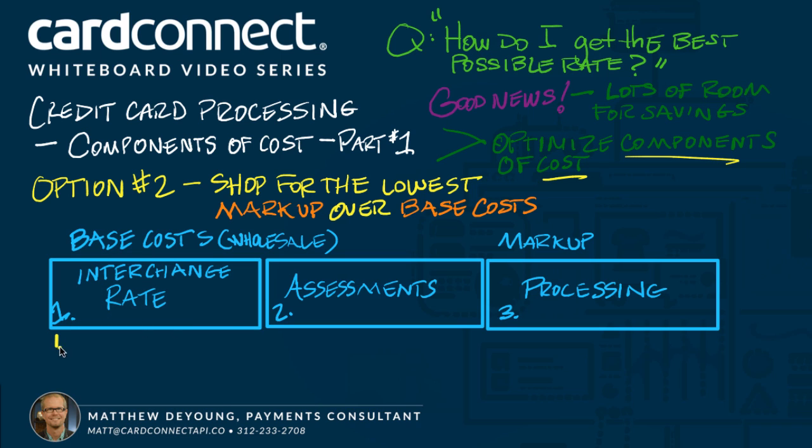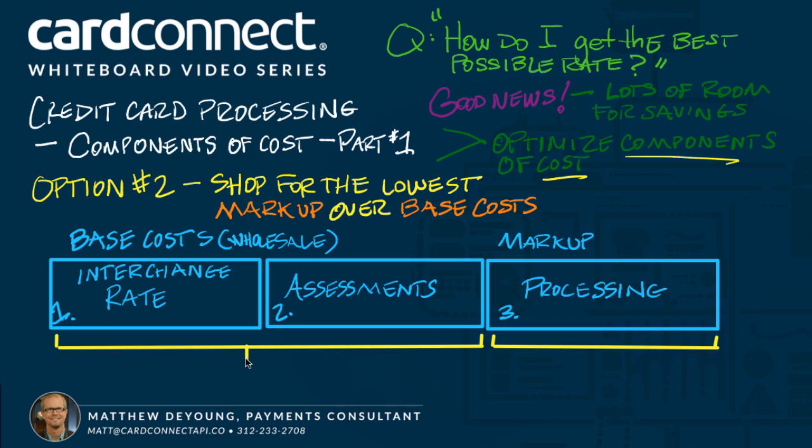Okay, so I'm just being very transparent with you right now to say there are three components, but we could lump them into two different buckets. One is the base cost and the second is the markup. And when it comes to the base cost, those costs are fixed. They're not negotiable by your processor or your payment gateway. Those are fixed.